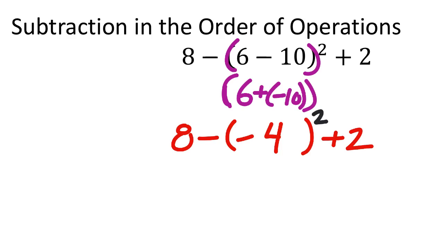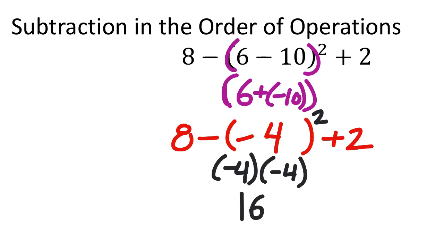All right, so yeah, we do have the exponent there, which is negative 4 times negative 4. And we'll look at this more in the next couple sections, but a negative times a negative is a positive. 4 times 4 is 16. So now I've got 8 minus that 16 plus 2.